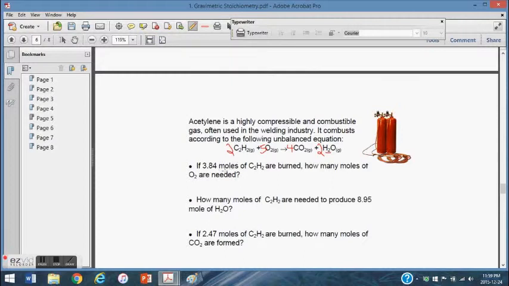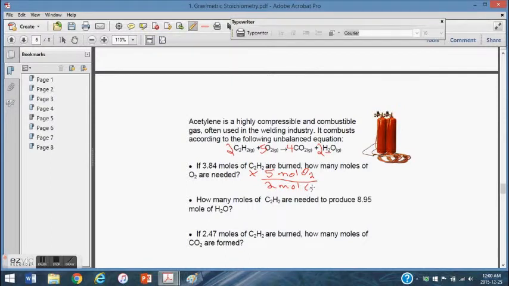Okay, so if 3.84 moles of C2H2 are burned, how many moles of oxygen are needed? So given 3.84 moles of C2H2 times my mole ratio of 5 moles of O2 for every 2 moles of C2H2.